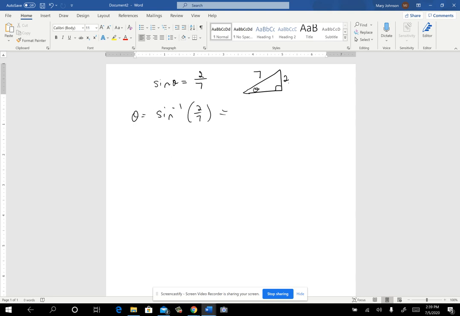Let me change my mode, I was in radian mode. I'm going to change it to degree for just a minute. So you did the inverse sine of 2 divided by 7, and in this case it turns out to be about 16.6 degrees. I was in degree mode because I was working on a right triangle problem. All right, so you've had to do that before.